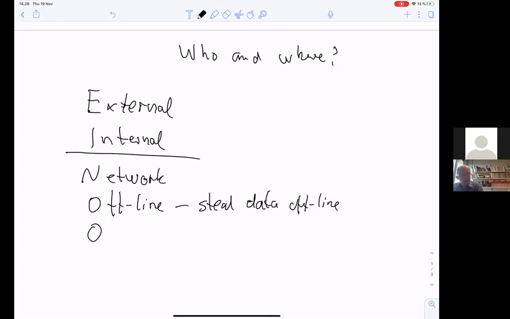You'll have a whole bunch of data on that hard disk, and you somehow take this away, take it to your own lab, and try to analyze what's in there. Getting an offline attack to work is of course harder than doing a network attack. You have to break the access control of the system, but you do have your own choice of when you want to do this, to choose the most advantageous moment.